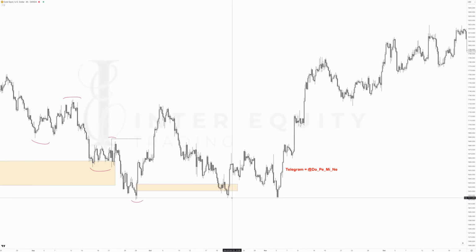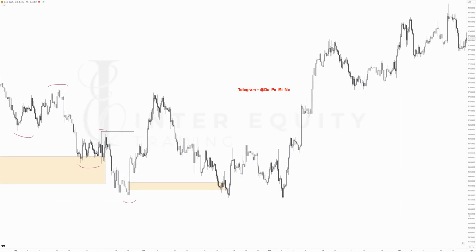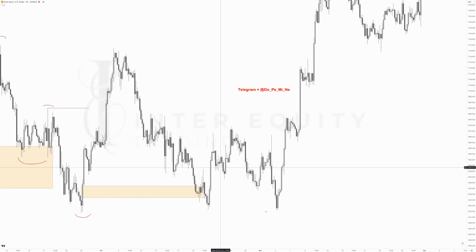As you can see, price came, filled this imbalance right here, impulsively moved to the upside, right? So after it impulsively moved to the upside right here, you can see that the market actually came back to fill these imbalances, okay? So the market pulled back, filled these imbalances, right? This one right here too.